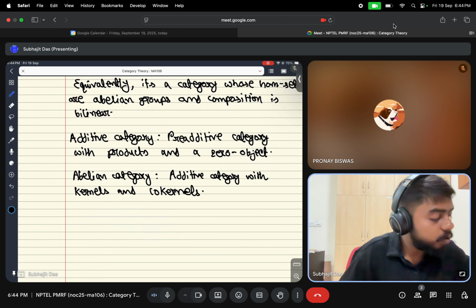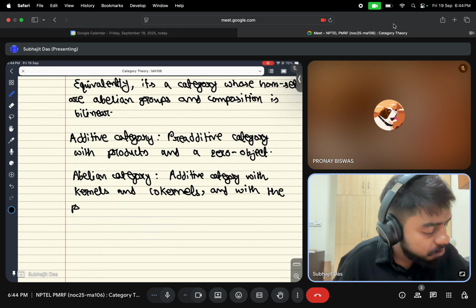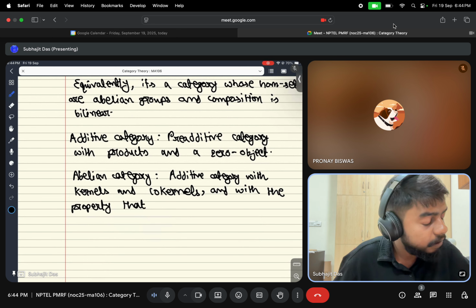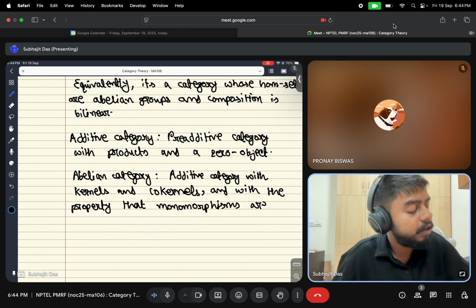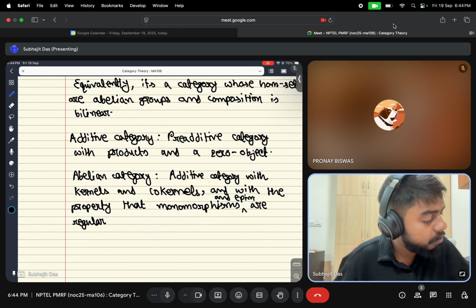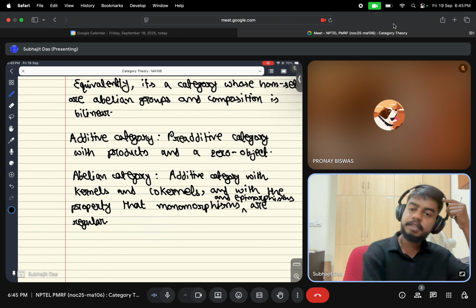Okay, kernels, co-kernels, and with the property that monomorphisms are regular. Monos and epis are regular. Sometimes also called normal.